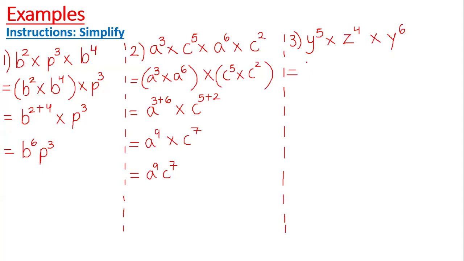So it's going to be, open bracket, y to the power of 5 multiplied by y to the power of 6, multiplied by z to the power of 4.